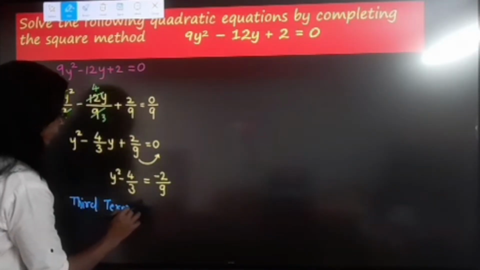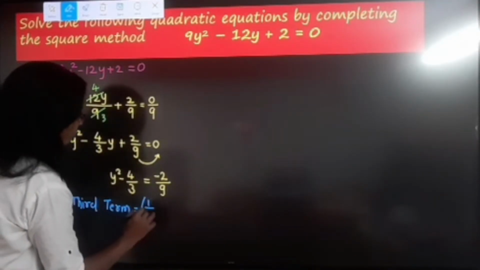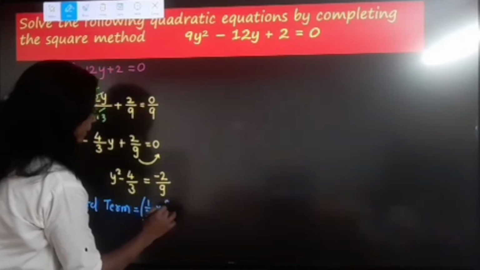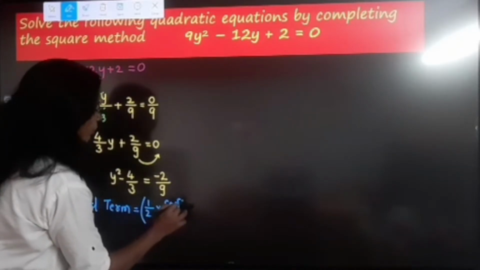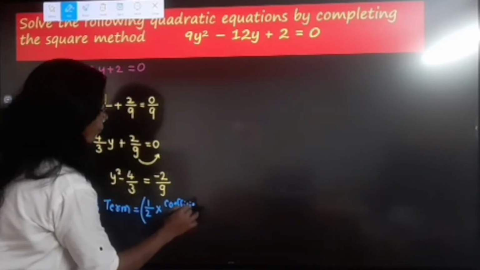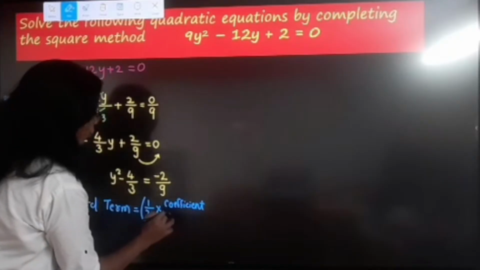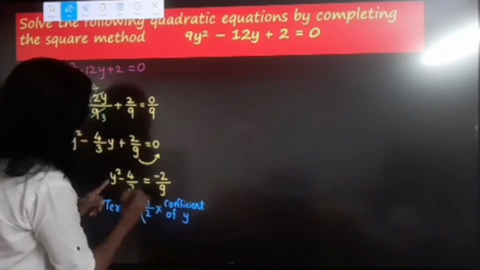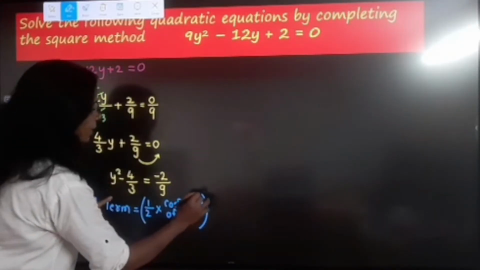Calculate the third term by using the formula: 1 upon 2 multiplied by the coefficient of y, students, because here the variable is y.